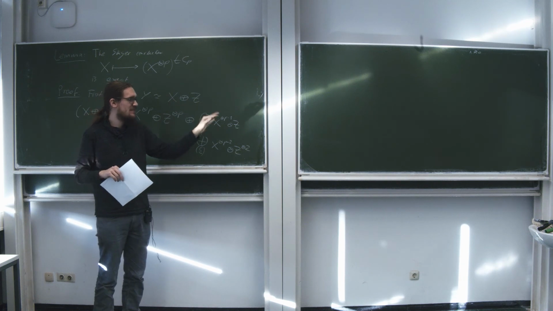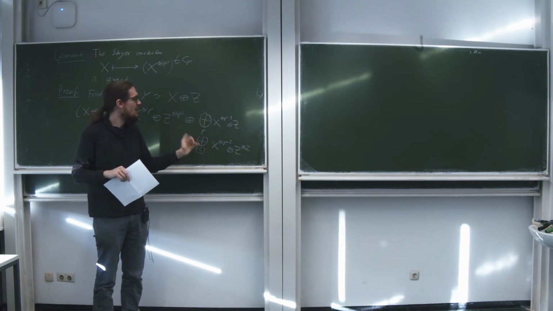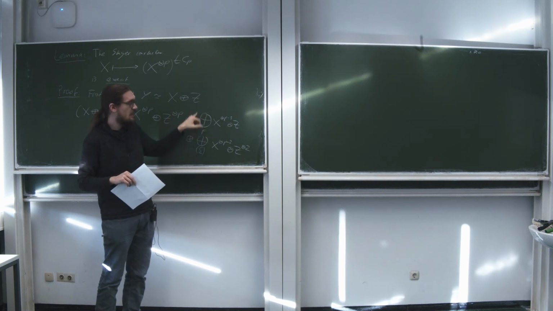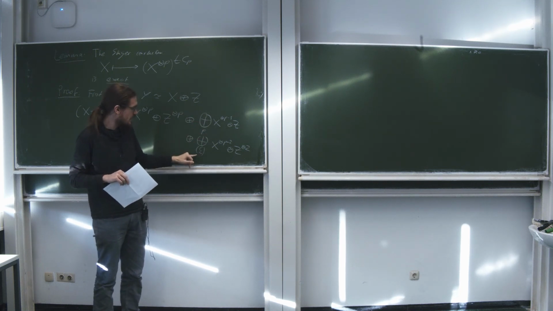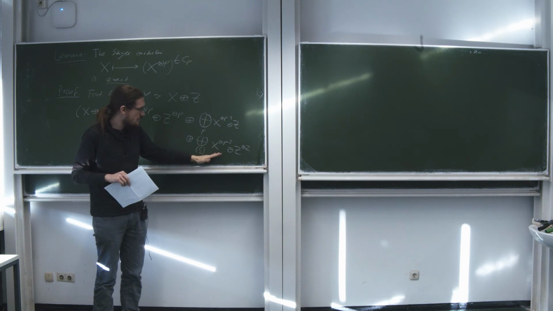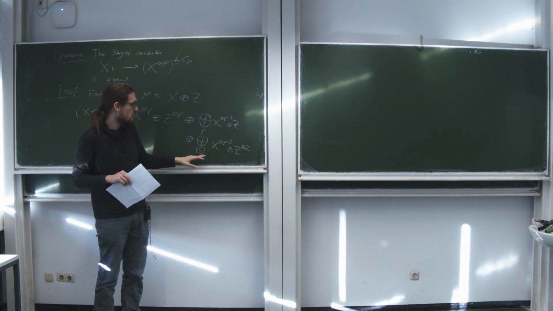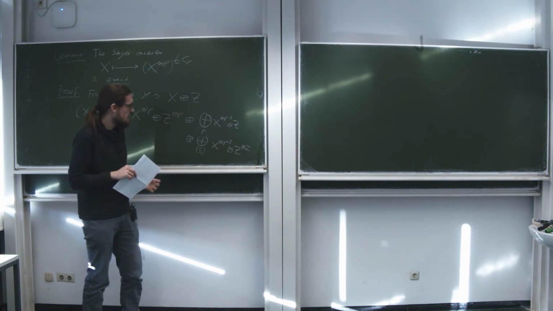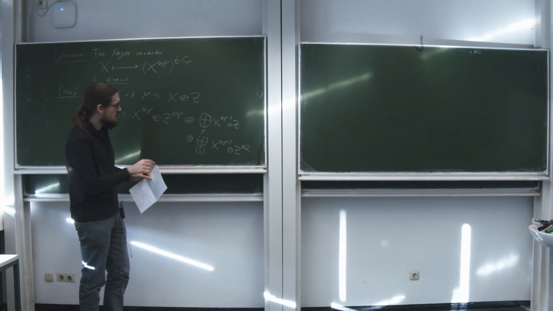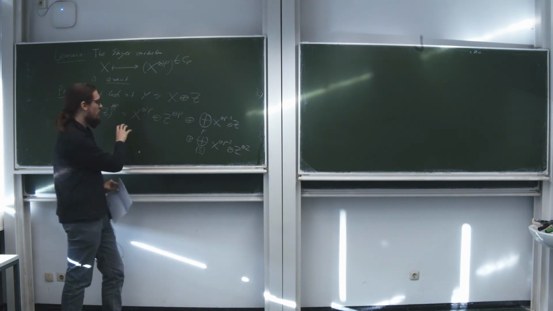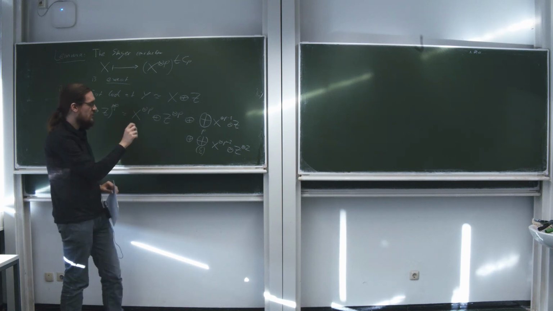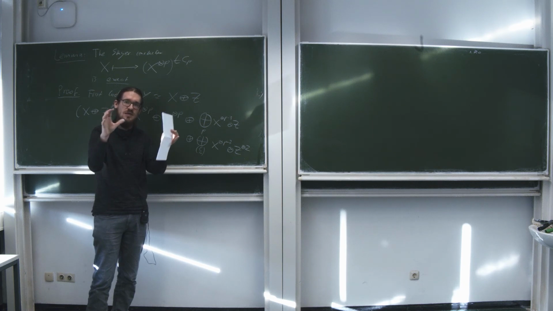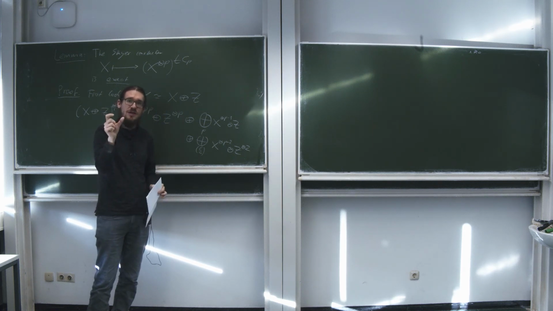If I act by cyclically permuting them, all I'm really doing is permuting these summands. And similarly, the same thing happens here. I'm permuting these summands because the action of the cyclic group of order p on the set of 2-element subsets of the set 1 to p is again free.